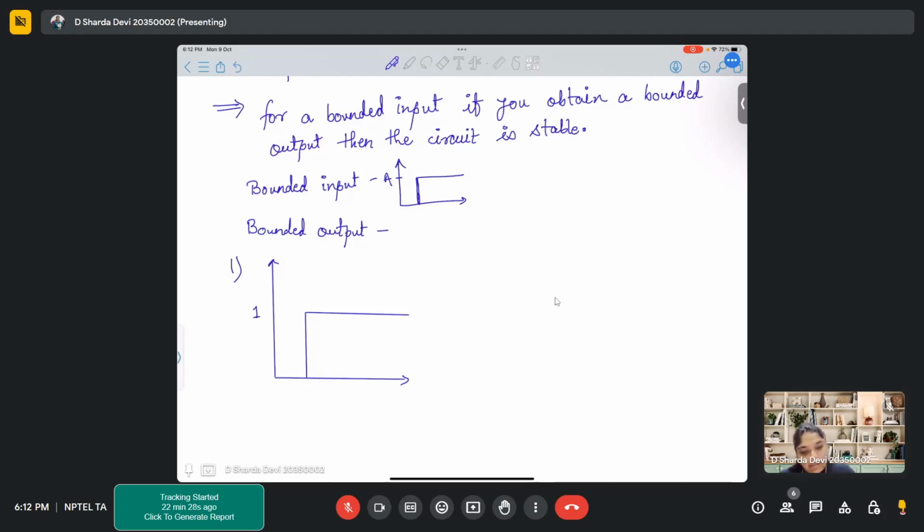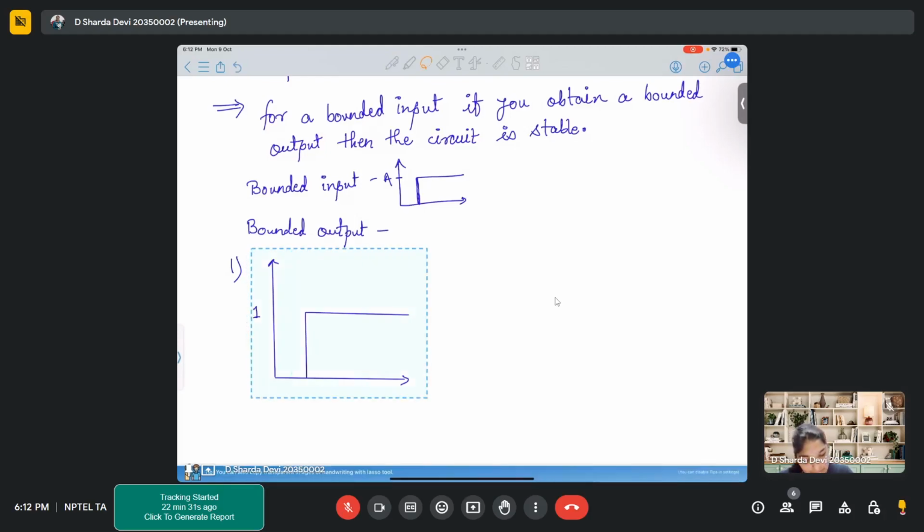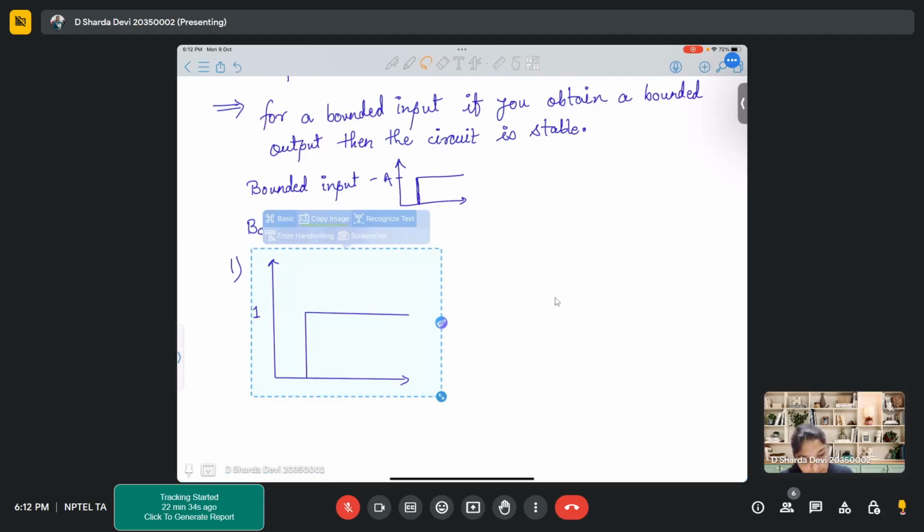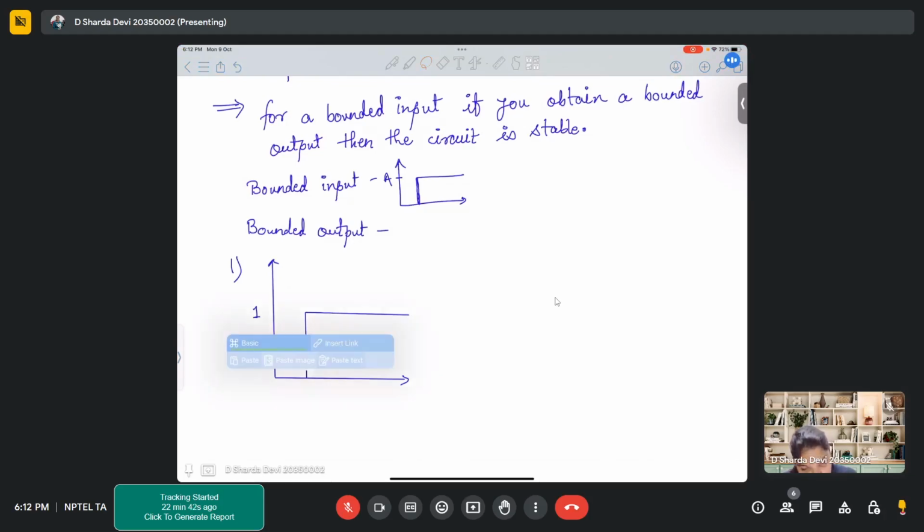So for this input, you can have the first output somewhat like this. So what is happening? Your output is slowly rising with input, and at the end it settles with your input. It slowly rises and ultimately settles down with your input.